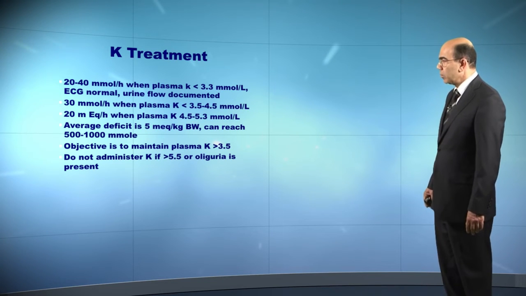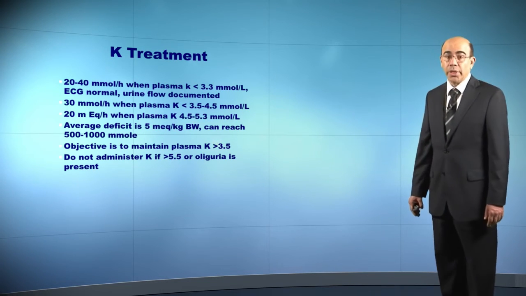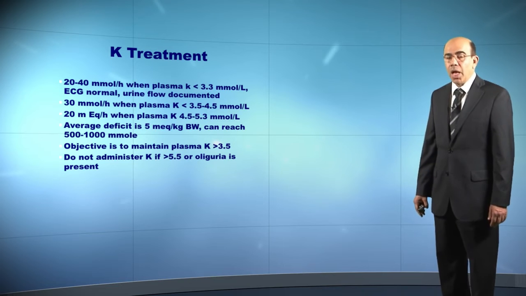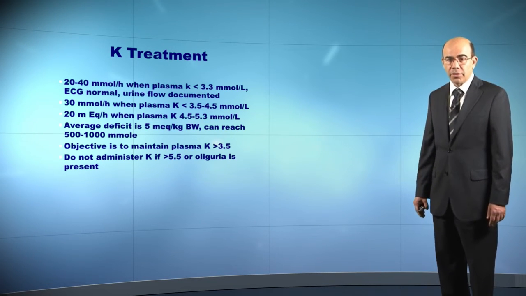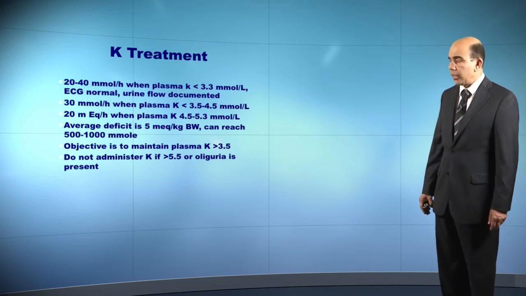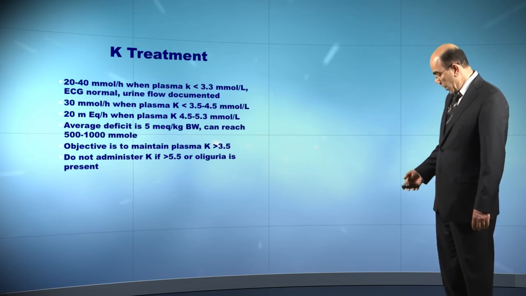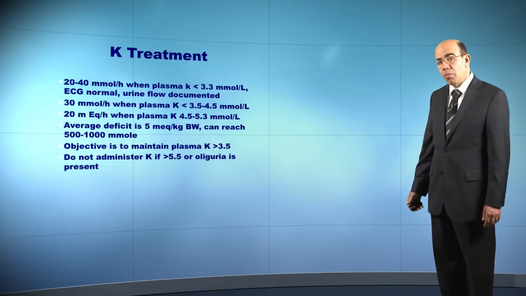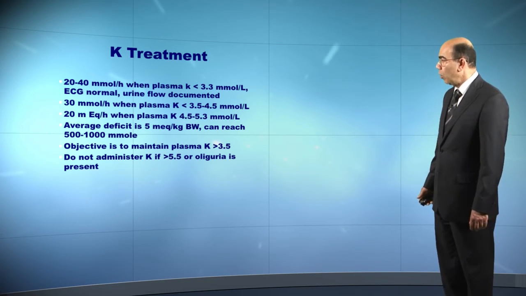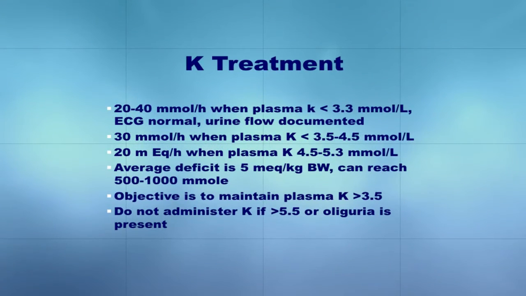When the potassium is high, we usually withhold potassium. However, when the potassium is very low, we should not start insulin until it is corrected. Such patients, of course, need cardiac monitoring. If the patient has potassium more than 5.5 or oliguria is present, then do not administer potassium.